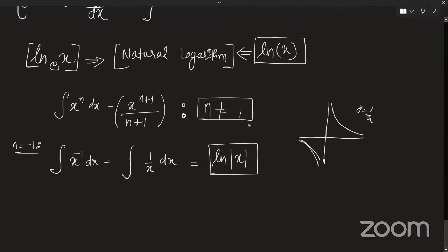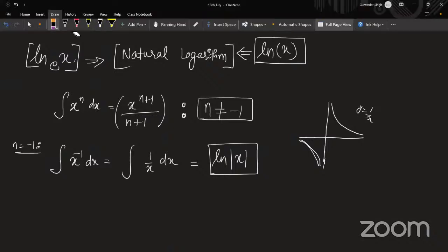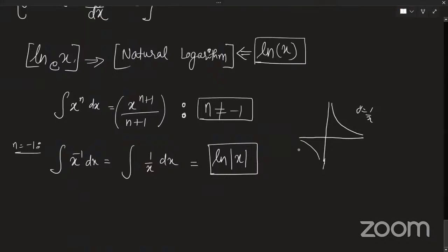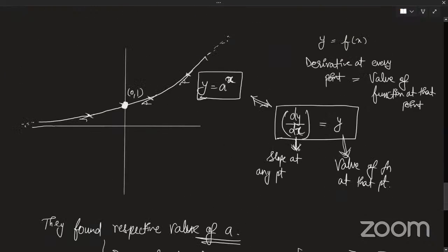No need to worry if you don't know how the curve looks; you will learn it later. I'm just telling you that the integration of 1 by x is ln of mod x.